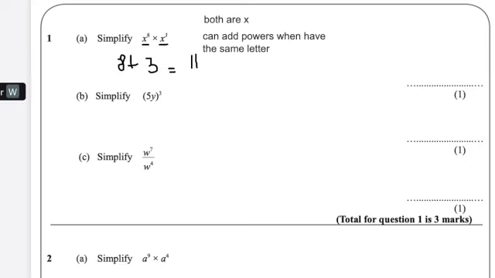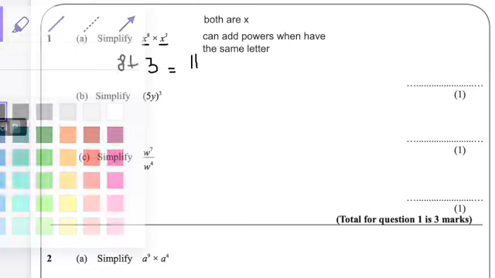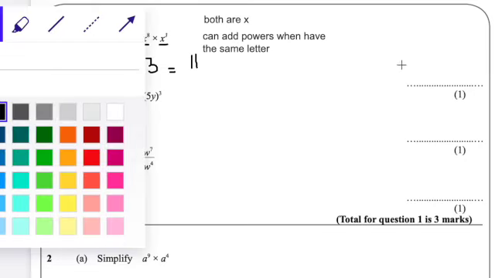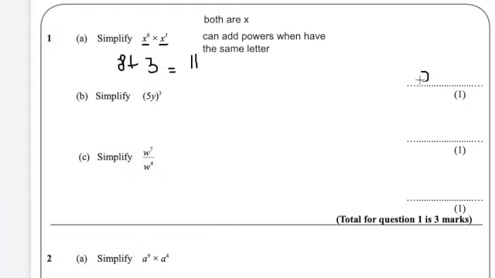Moving on to the next question, it is 5y to the power of 3. You can see here, if something's to the power of 3, then you times it out 3 times.